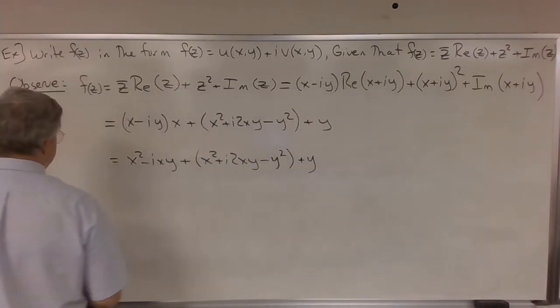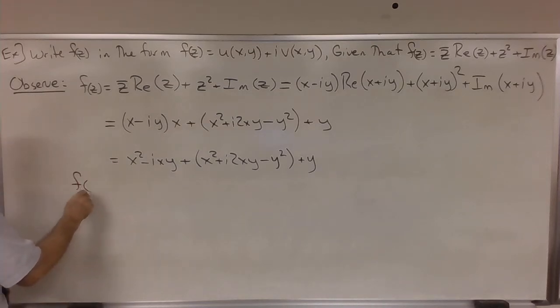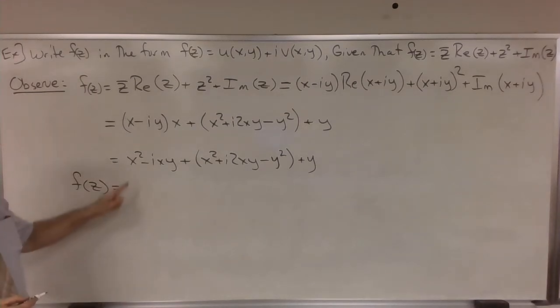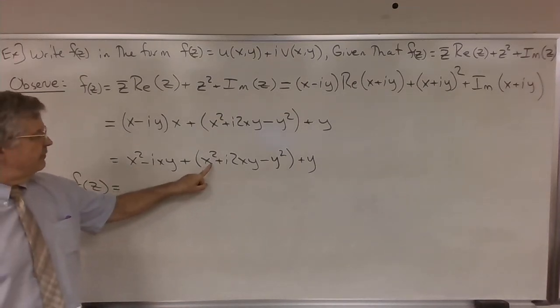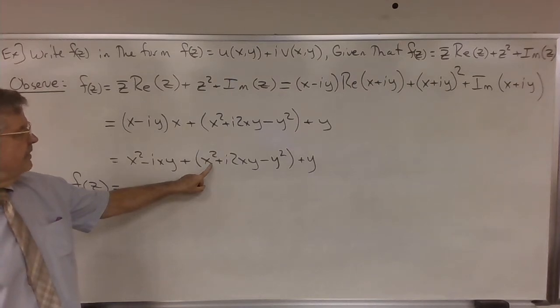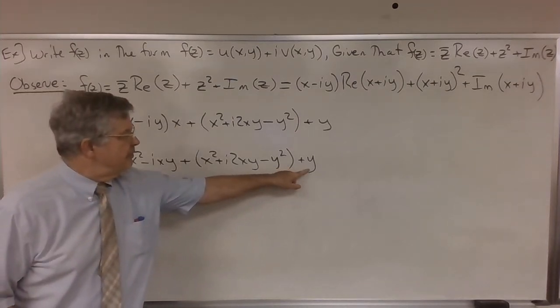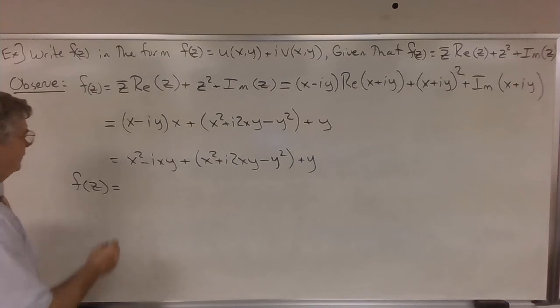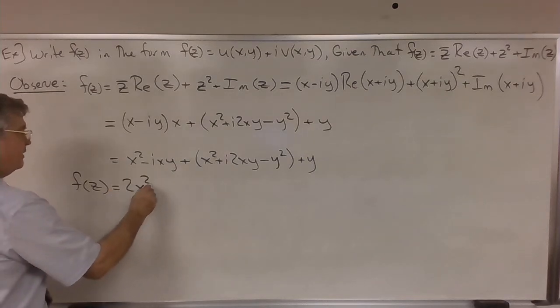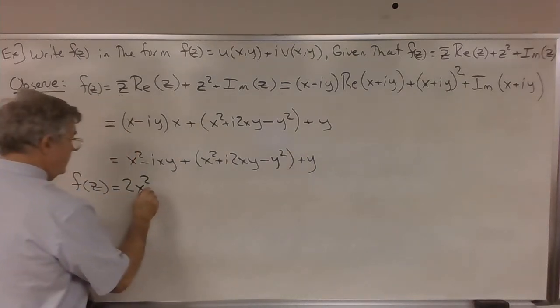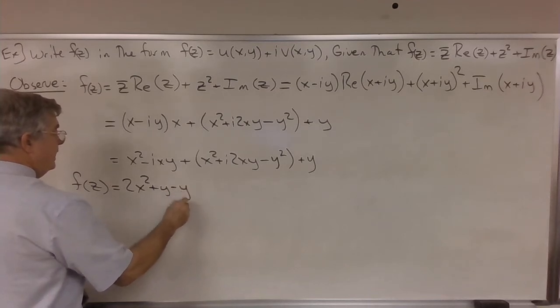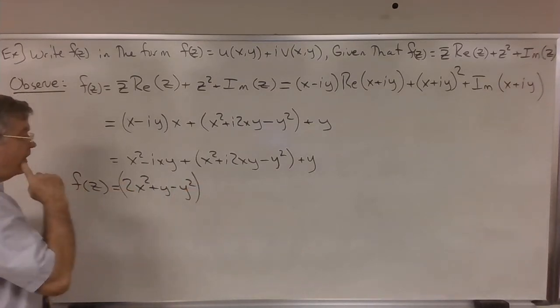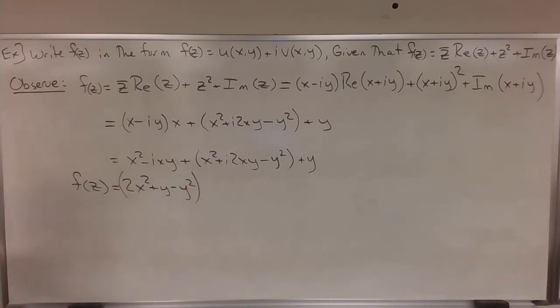Now I can just regroup, and I'm going to get all my reals together. So I have x squared plus x squared is 2x squared, plus y minus y squared. So 2x squared plus y minus y squared. Those are all of my reals, I think.